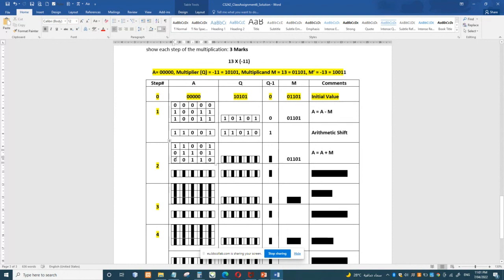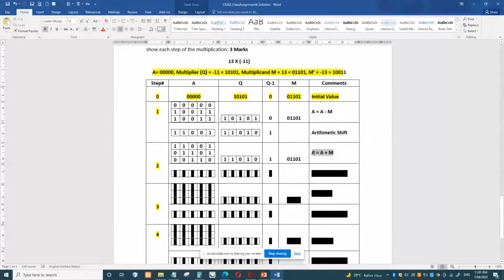And this is our value, which is 0 0 1 1 0. Our q will remain as it is, q minus 1 will remain as it is, and m will remain as it is.